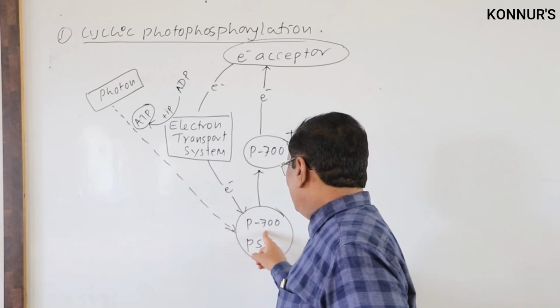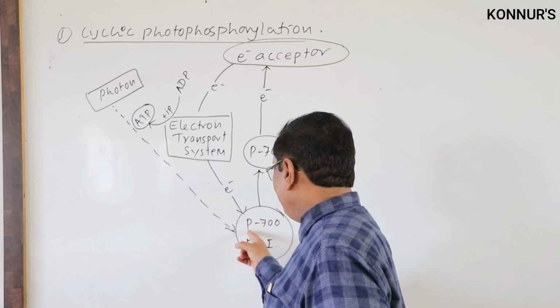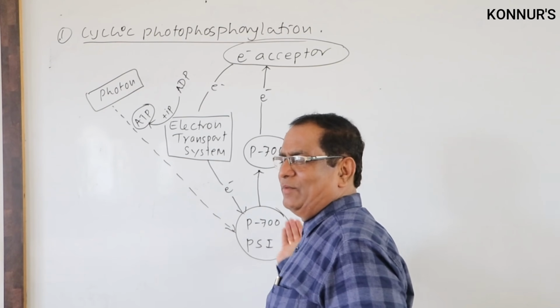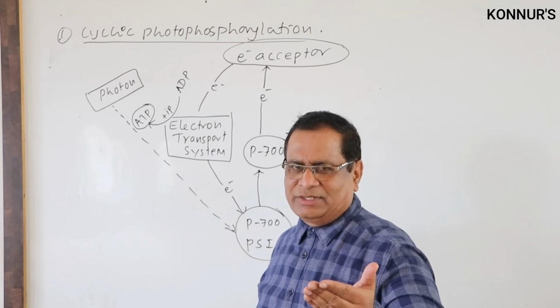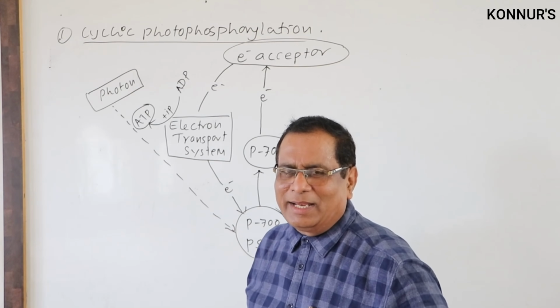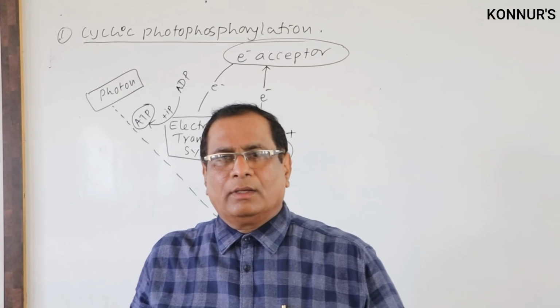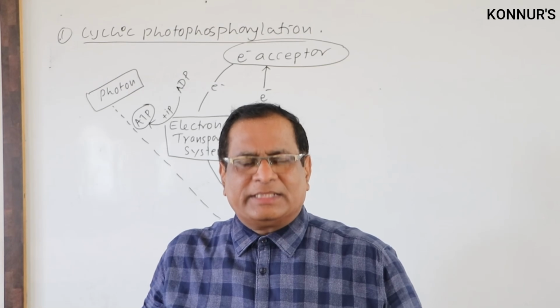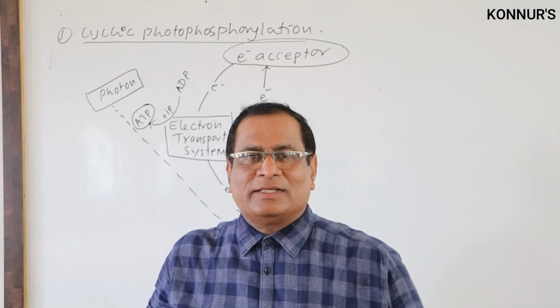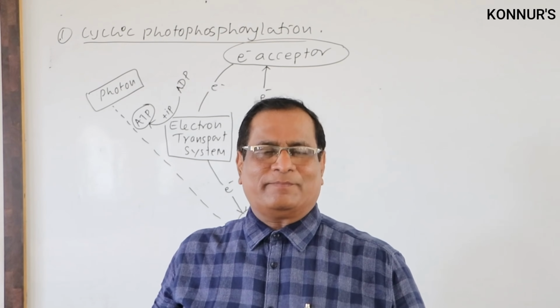Chlorophyll A700, said to be P700. P700 means a reaction center having chlorophyll A700. Then, this is taking place on stroma lamellae.